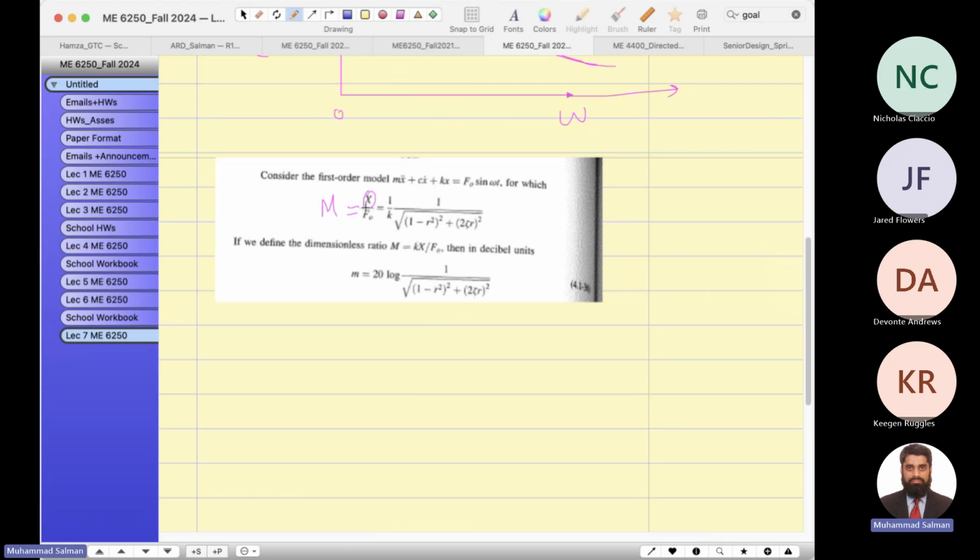To make this k like this as an F_x force, you have to do it like this: K is multiplied by this, cross multiply, because output force divided by the applied force is also considered the magnitude ratio in terms of force, a dimensionless quantity. Then we can take 20 log of this value and plot it. If you plot it, you can get this answer here.